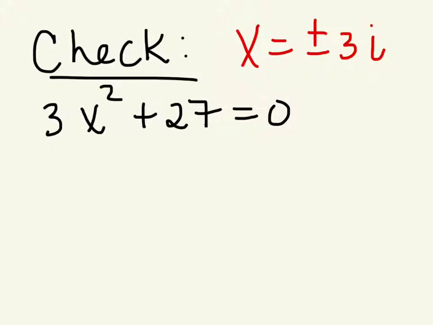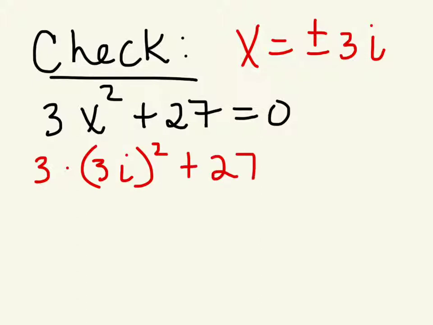To help reinforce the concept of imaginary numbers, let's check our solutions in this equation. So here I have 3 times positive 3i, all squared, plus 27. We're verifying whether or not this is in fact equal to 0.